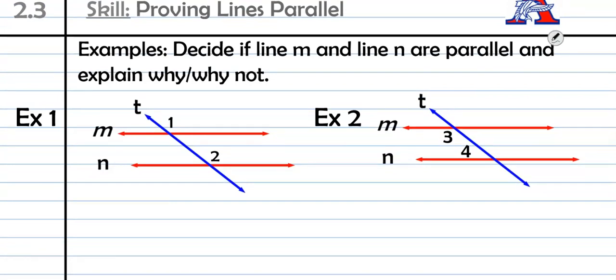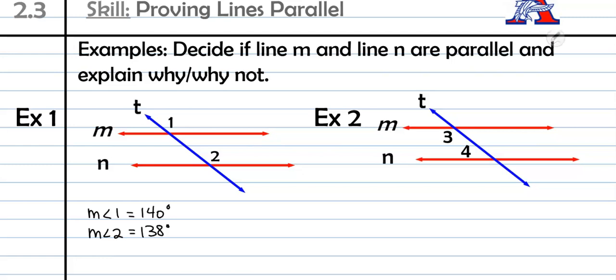So I'm going to tell you that the measure of angle 1 is equal to 140 degrees, and that the measure of angle 2 is equal to 138 degrees. Okay, so is that enough information to decide if the two lines are parallel?